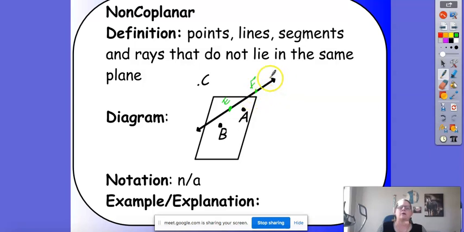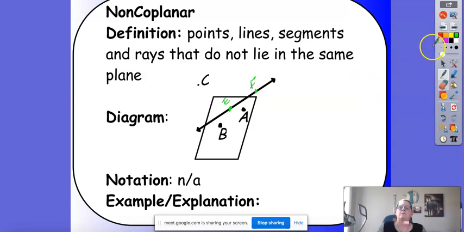Now, what about this part over here, Miss Webb? Because that's not really on the plane. It's not in that little parallelogram, but think about it. That parallelogram extends forever in all the different directions. And that line also is on the plane, but it will extend to infinity. So F is on the plane because it's on the line that's on the plane.